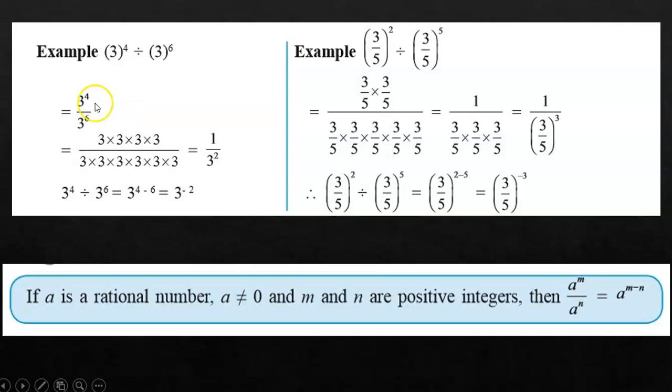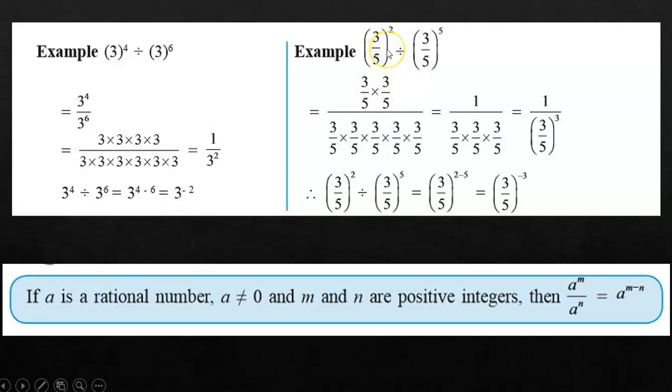Using this law, I can also write this as 3 raised to 4 minus 6. Now 4 is smaller, hence I will be left with 3 raised to minus 2. My dear students, this 3 raised to minus 2 and 1 upon 3 raised to 2, both are the same.